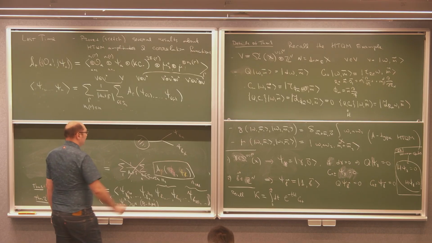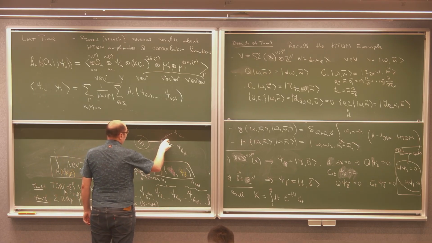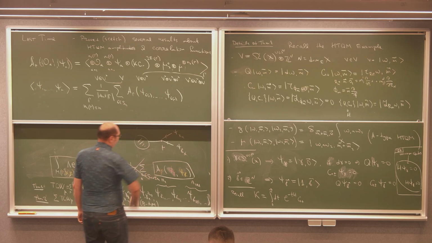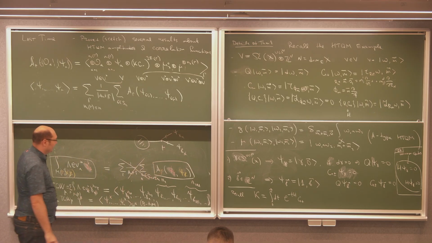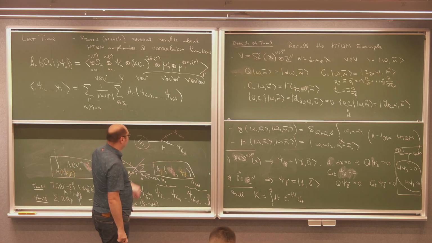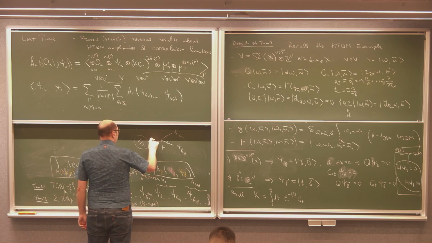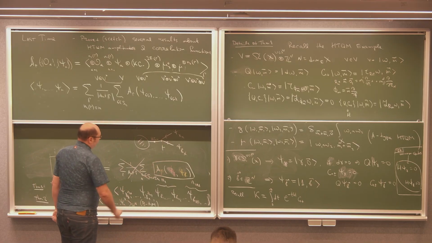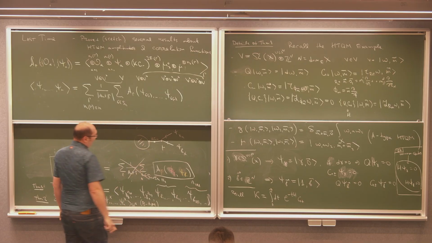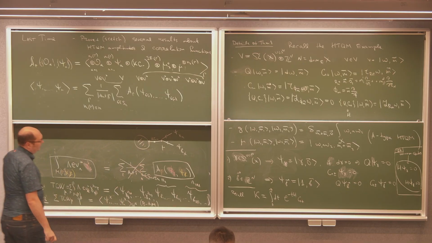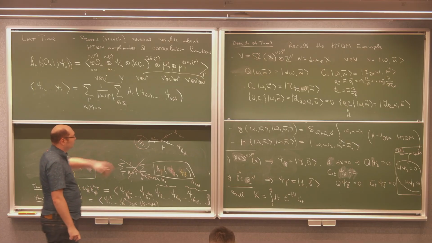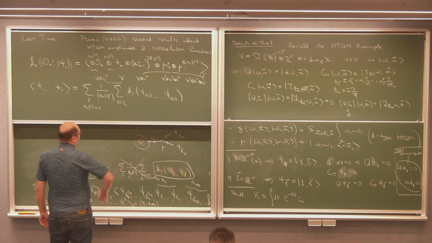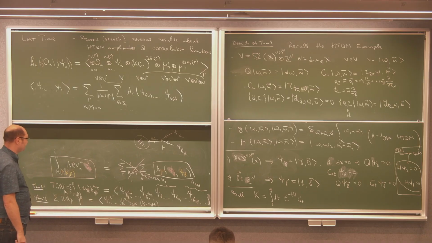So then they meet at a vertex where they multiply using mu, and then we act with this K g minus on this thing, and that gives us a state that is used as an input for this remaining part of the amplitude.